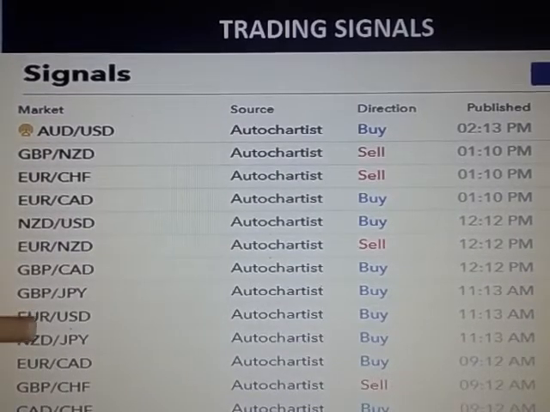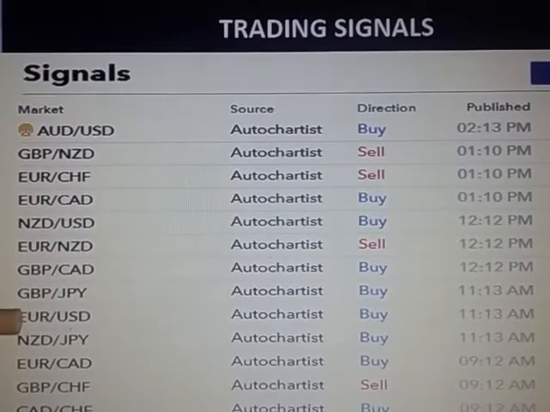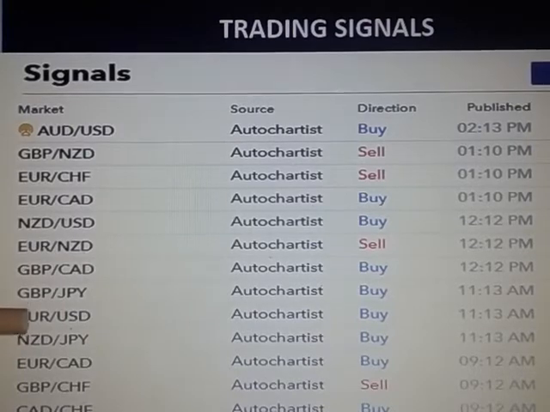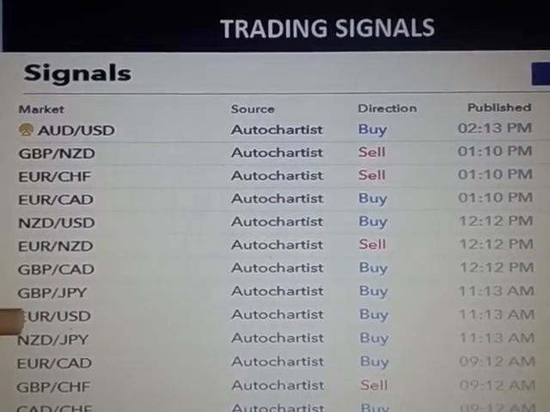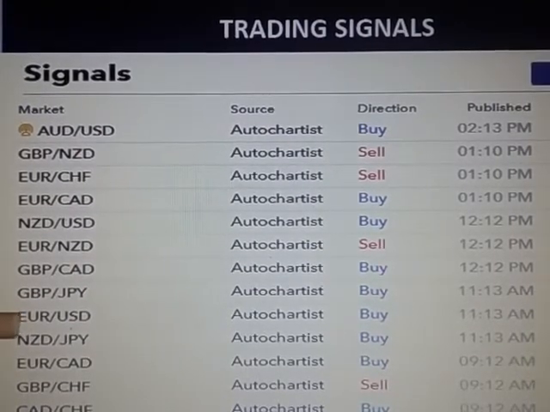The currency in front will be telling you the direction of the pair. Let's say the Euro-US is going up, you will know that the currency in front, if it's the strongest, will be going up. If it's the weakest, you'll see the pair going down.